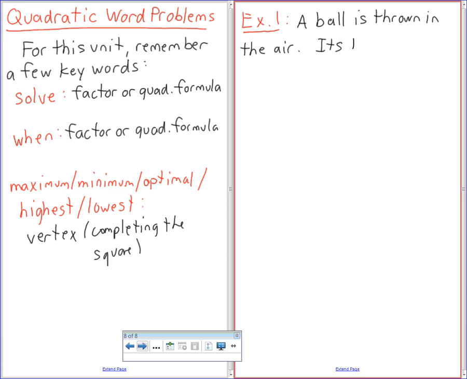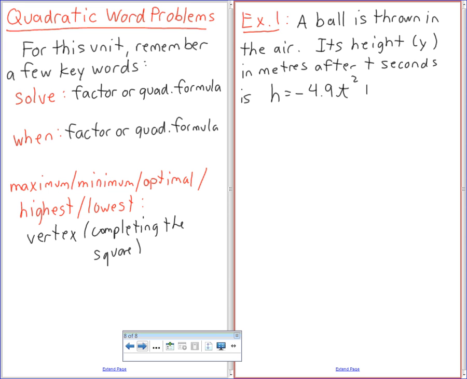Its height, y, in meters, after t seconds is h equals negative 4.9 t squared plus 38 t plus 1.75.